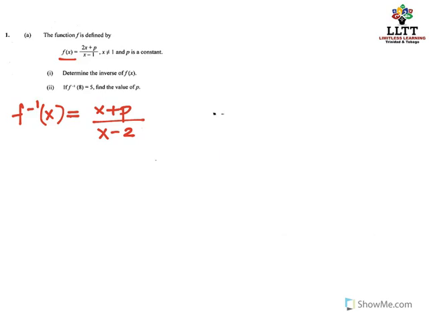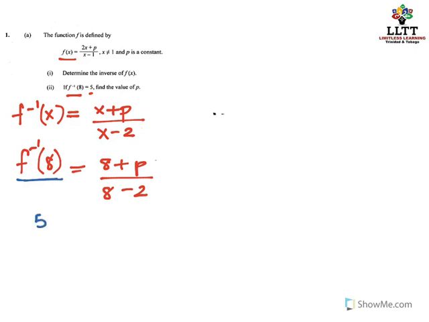So f inverse of 8 means that in this equation in red, everywhere I see x on the right hand side, I'm going to replace with 8. So this is going to be 8 plus p over 8 minus 2. And that f inverse of 8 is going to be equal to 5.